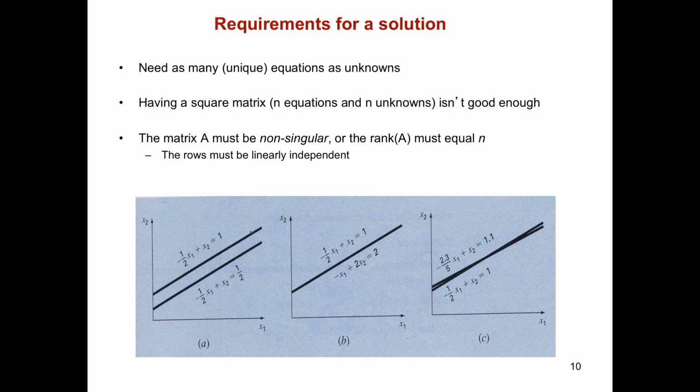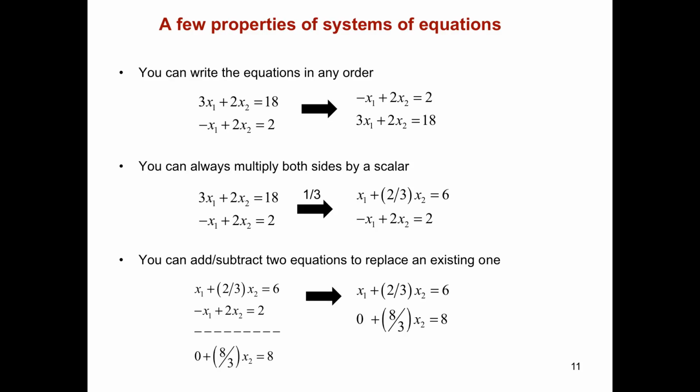So algorithms will struggle with systems of linear equations that have some of the equations nearly parallel or nearly linearly dependent, and those are called almost singular matrices. So matrix A has to be non-singular, it has to have an inverse, or in other words, these rows have to be linearly independent. Okay?